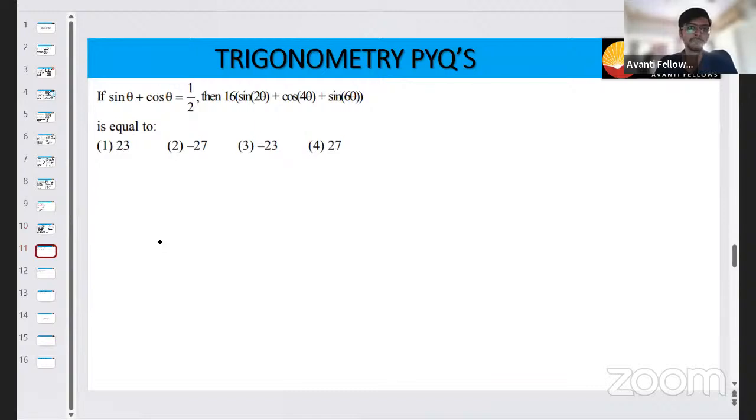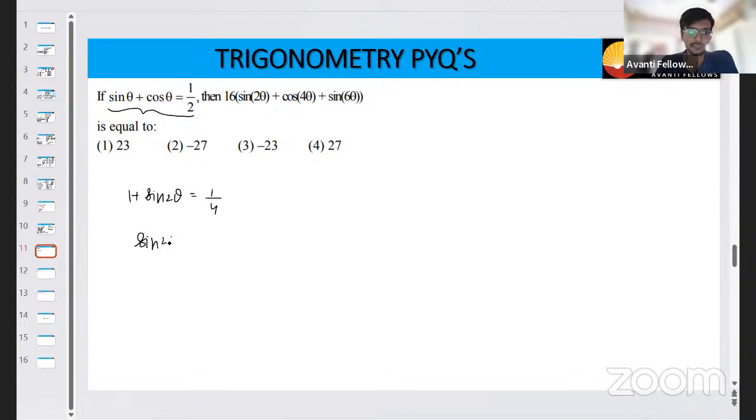Let's see the next. If sine theta plus cos theta is equals to half, then this is equal. Okay, so if we square this equation, we'll get 1 plus sine 2 theta is 1 by 4.